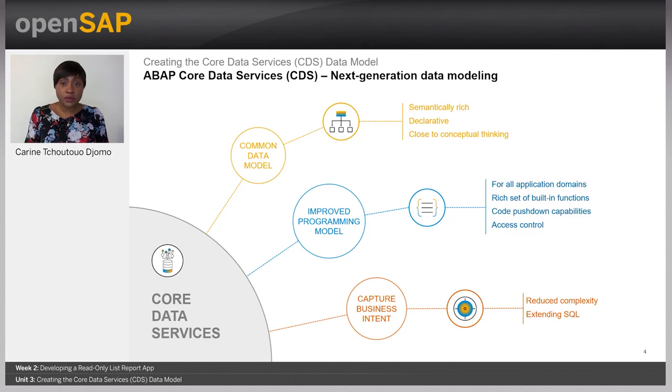CDS offers a rich set of built-in functions and expressions and has its own data control language to restrict access to the data. The relations between business entities on the data model level can be defined using CDS associations, and domain-specific semantics can be added to the data model using CDS annotations.